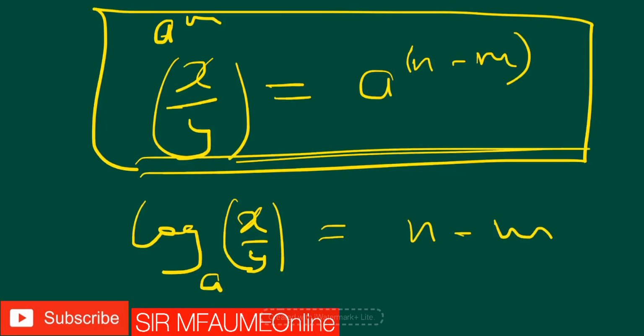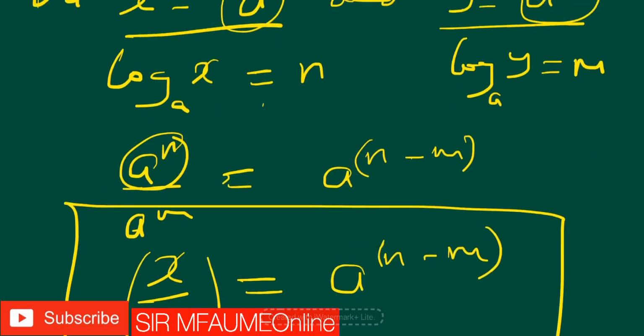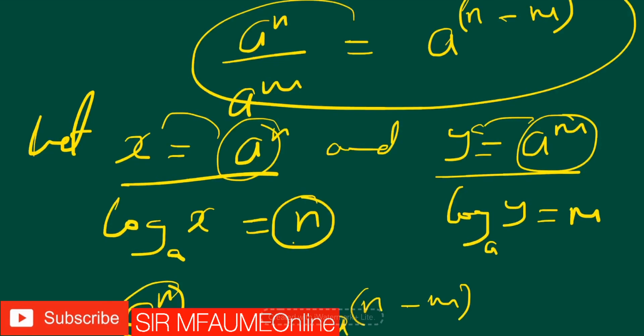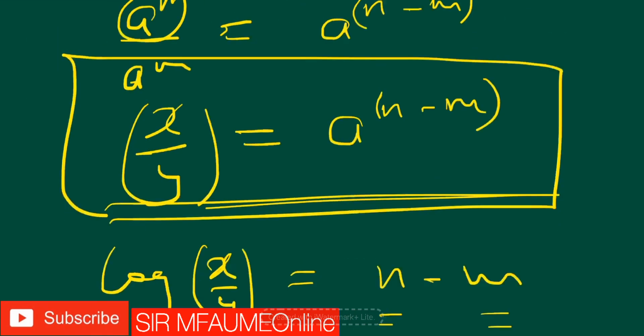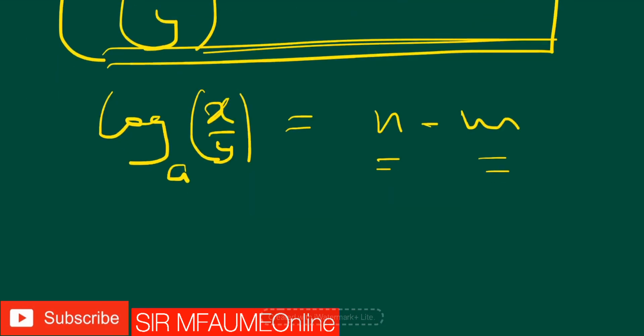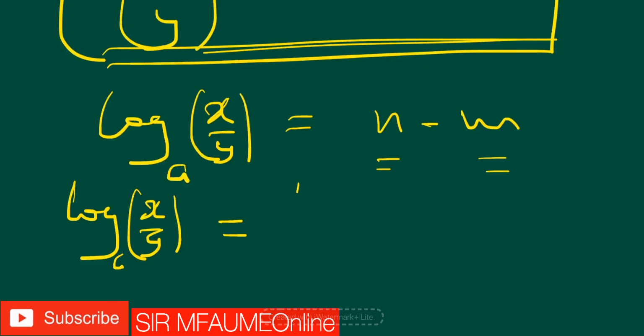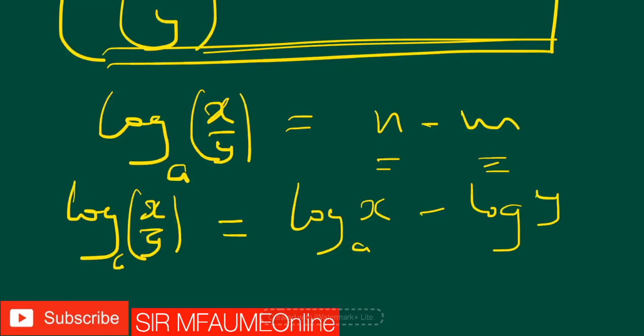But also you have to plug in the values of n and m. The value of n is log x base a, and the value of m is log y base a. So now log x over y with base a equals log x base a minus log y base a.